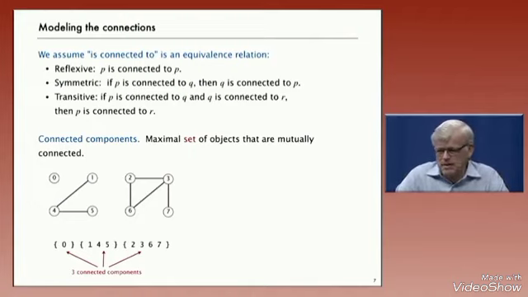These components have the property that any 2 objects in them are connected, and there's no object outside that's connected to those objects. Our algorithms will gain efficiency by maintaining connected components and using that knowledge to efficiently answer the queries that they're presented with.